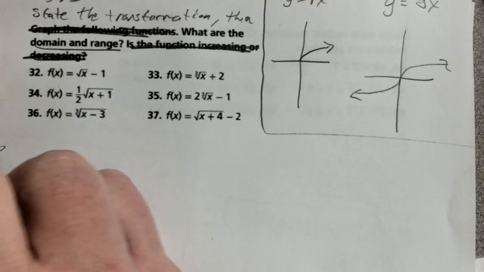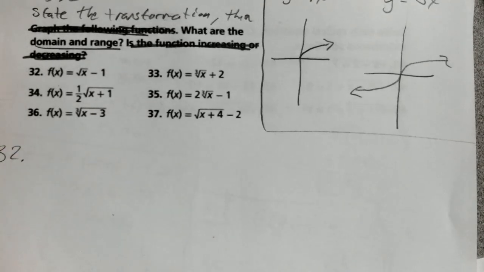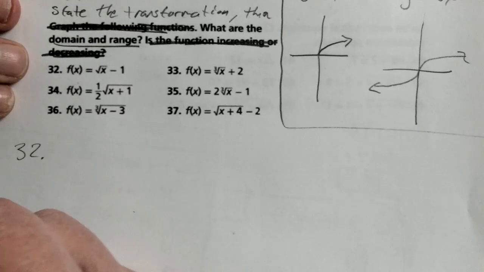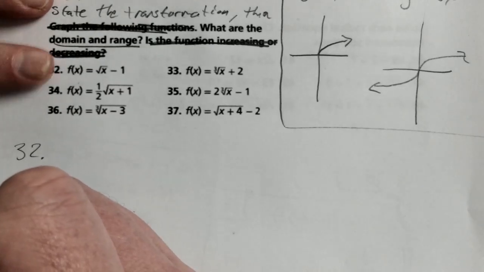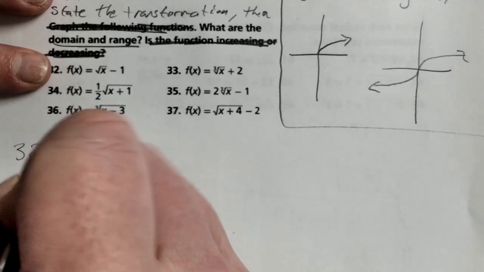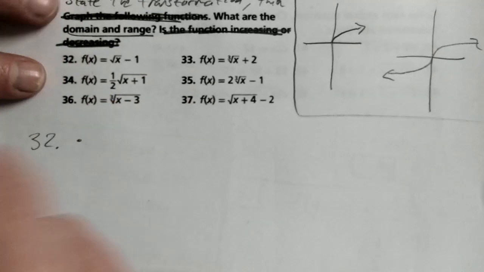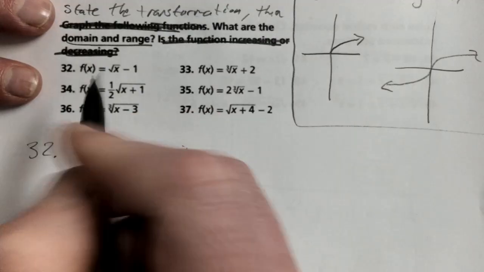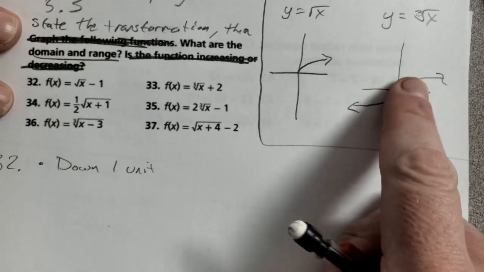So problem 32. We did this yesterday, right? So we should have some pretty quick answers. All right, Colton, how many transformations does 32 have? 1. Name that transformation. So down 1 unit. Good. Is that the square root or the cube root?